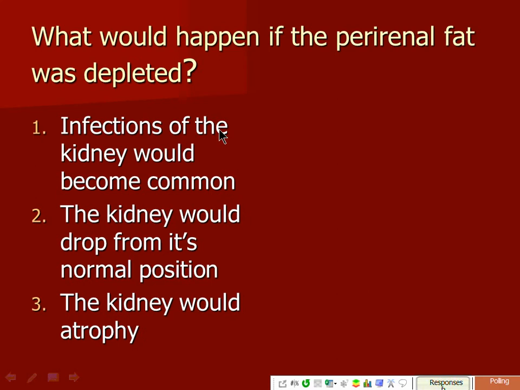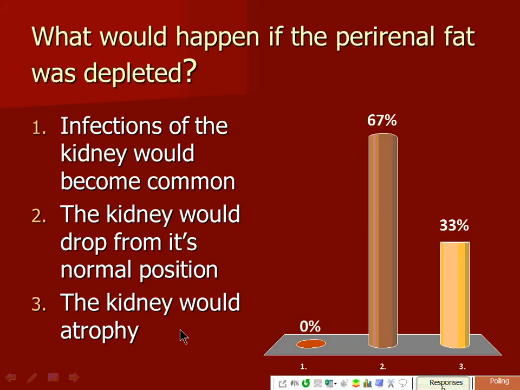So, what do you think would happen if the perirenal fat were depleted? Yes, the correct answer is the kidney would drop from its normal position. Remember, it anchors it and it protects it.